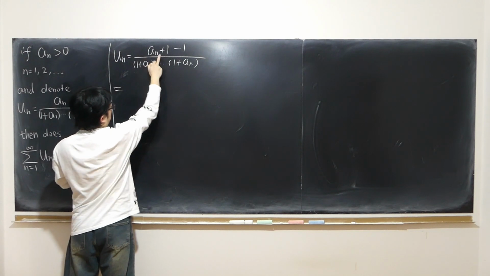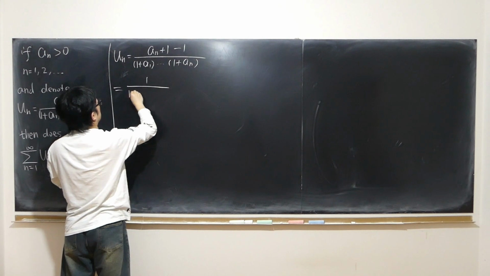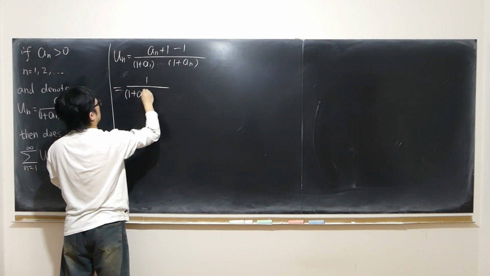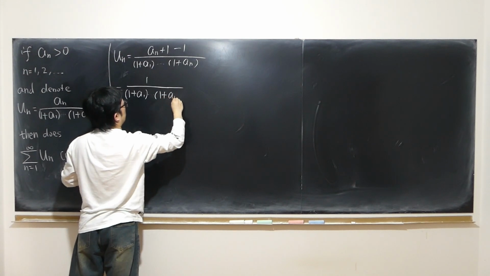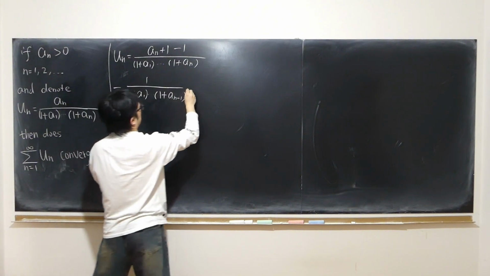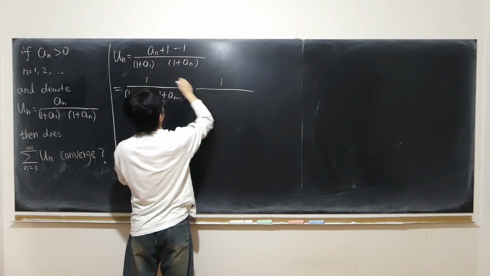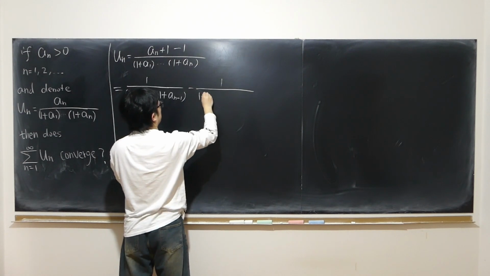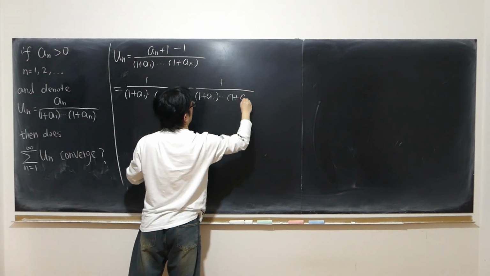This term and this term can simplify. That gives 1 over (1 plus a_1) times up to (1 plus a_{n-1}), that's the previous term, minus, when we distribute the 1 to the bottom, 1 over (1 plus a_1), again, all the way to (1 plus a_n).